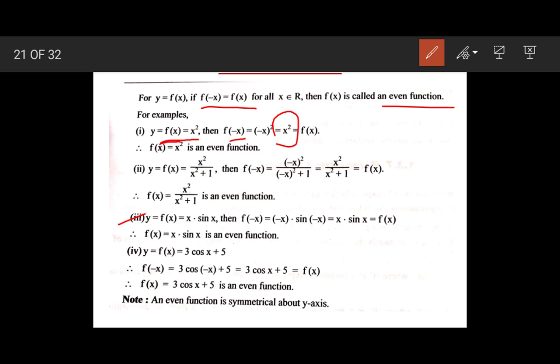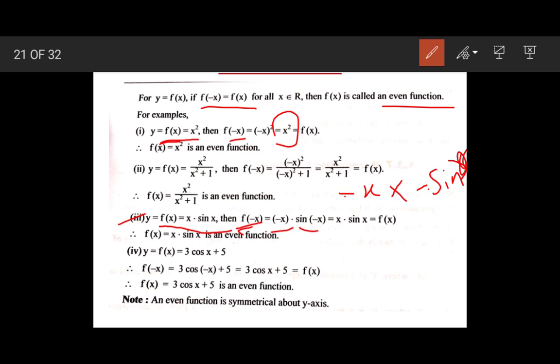See the next example, f of x is given as x into sin x. Now to check whether the function is even or odd, what do I have to do? I have to replace x by minus x. So f of minus x will be minus x into sin of minus x, right? Sin minus theta is minus sin theta, so minus sin x.